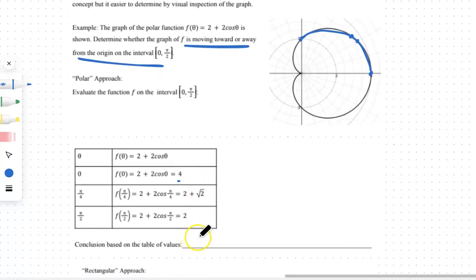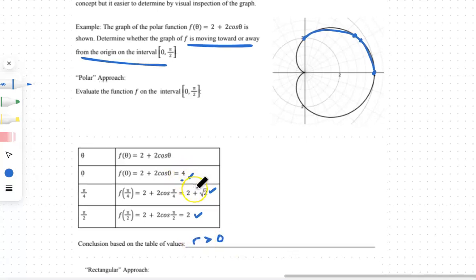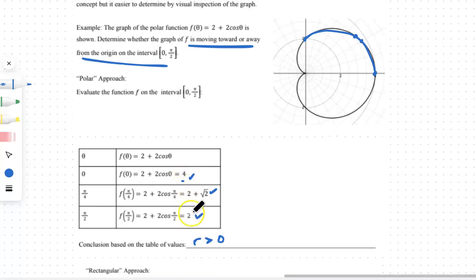My r values, 4, 2 plus rad 2, and 2 are all positive. And because my r values are decreasing as my theta values are increasing, the rate of change of r is going to be negative.